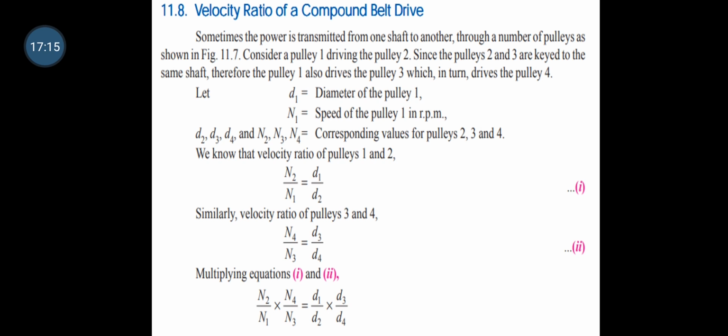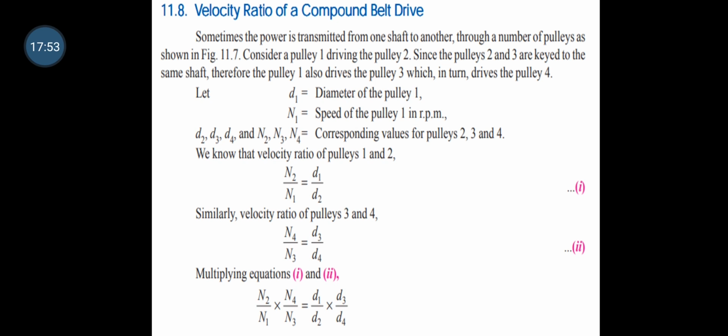This shows that D1 is the diameter of pulley 1 and N1 is the speed of pulley 1, and D2, D3, D4 are the corresponding diameters of the pulleys, and N2, N3, N4 are the corresponding speeds of the second, third and fourth pulleys. We know the velocity ratio for pulleys 1 and 2: N2 divided by N1 is equal to D1 divided by D2.